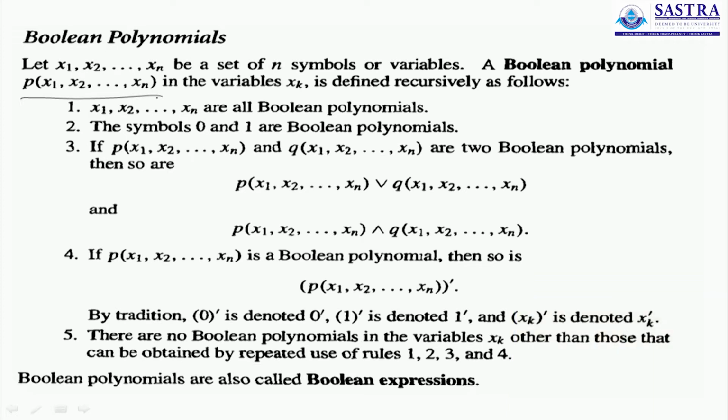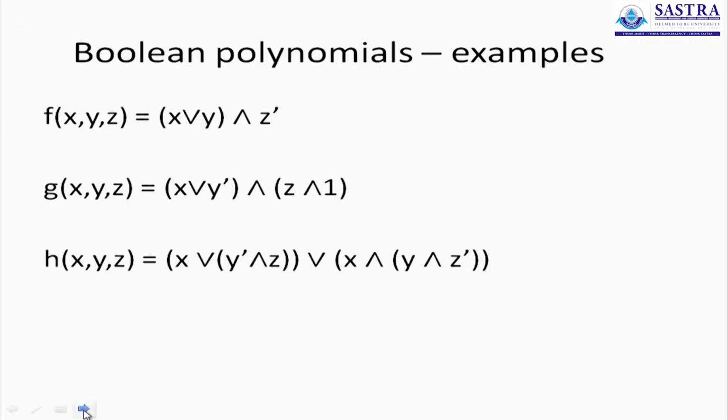Then the meet and the join can be identified this way. The complement is also identified this way. There are no polynomials in the variables xk other than those obtained by repeated use of these 4 rules. And you also sometimes call these polynomials Boolean expressions.